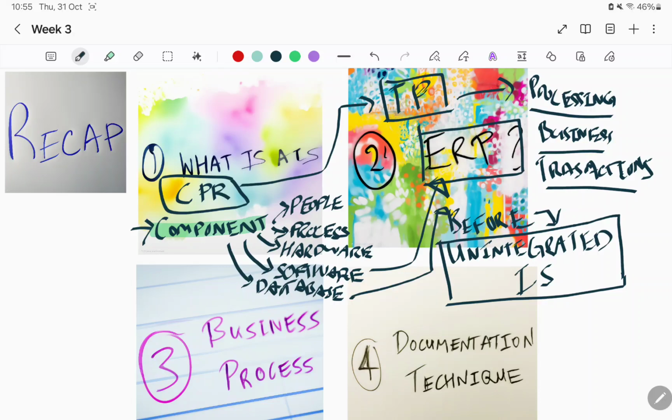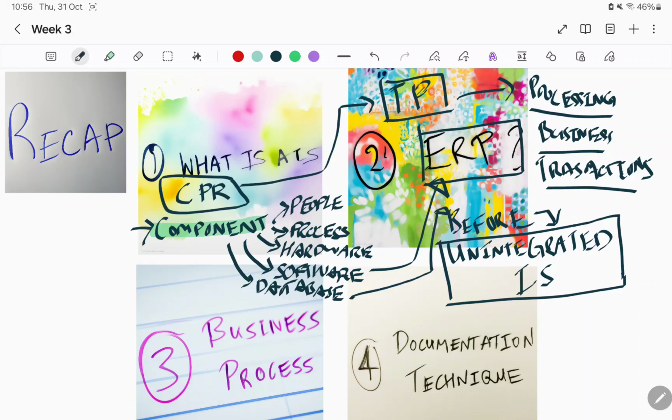It means you can get all the information you want, and it is interconnected. When the database is not integrated, which means the system is not integrated, the issue is that information will not be shared across departments, and it would slow down the businesses.